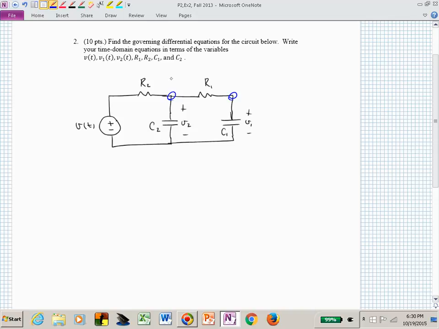For example, if I label this as A and this as B, and I say KCL at A, I need, let's say, this current and that current and that current. Those will all sum to 0. The horizontal current going to the left, how would you define that in terms of the V's? Well, all the V's: V, V1, and V2.